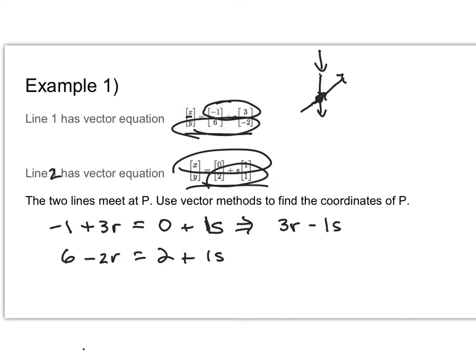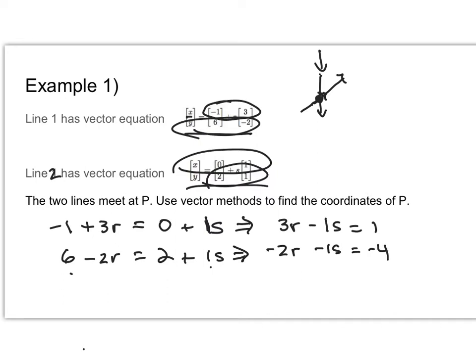I would subtract 1s from both sides and add 1 to both sides, equals 1. And over here, if I rearrange this equation, let's keep it in the same order. I'd subtract 1s from this side as well, and my constant would be on the other side of the equation, and 2 minus 6 would be -4. So there's my two equations.